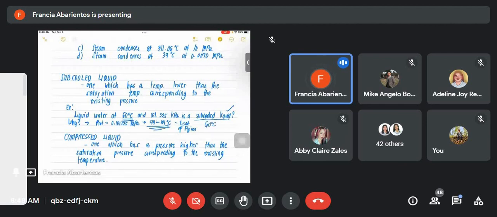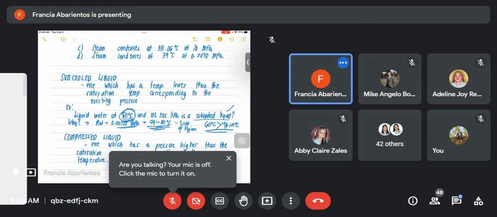Our 60 degrees is lower than 99 to 101 degrees Celsius. It is subcooled because the given temperature of 60 is lower than the saturation temperature corresponding to the existing pressure. Understood?